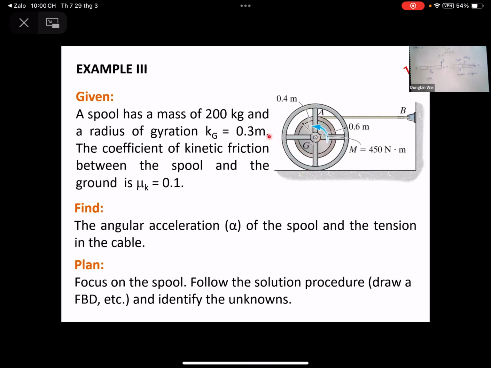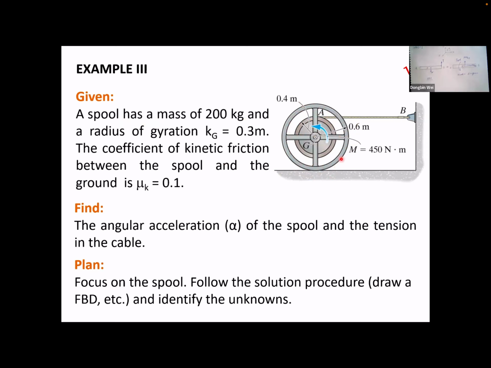Okay, now look at this example and try to define it. In this example, you can see there is a spool and it has a mass of 200 kilograms.